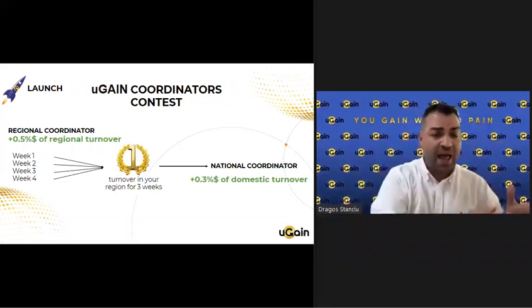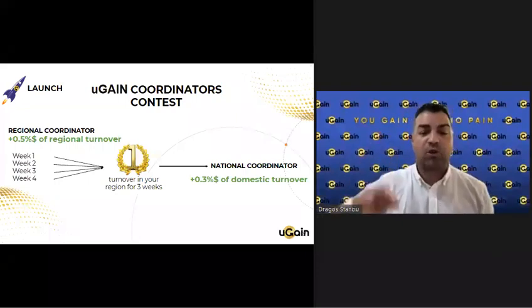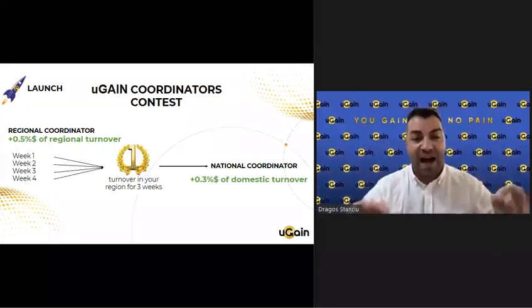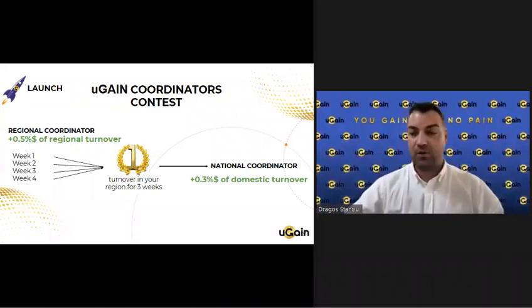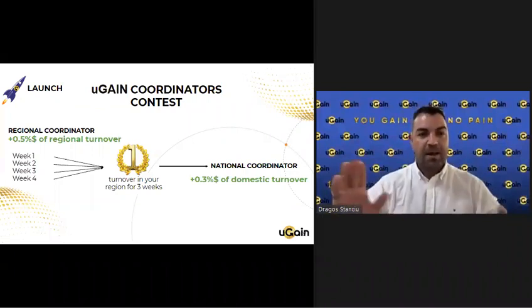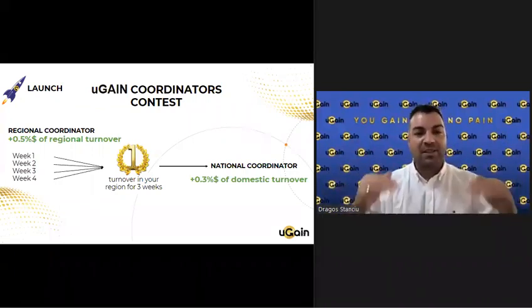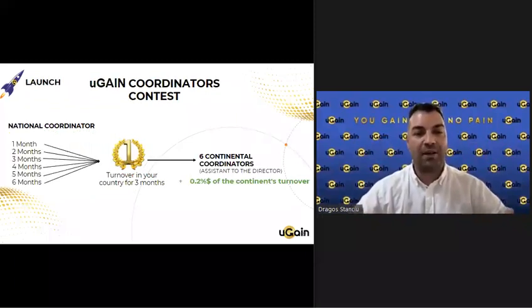And if you are able to rank first for 3 weeks, you will be the national coordinator, and you will be getting 0.3% of the, let's say, domestic turnover. And this scheme will be applied across the entire world.